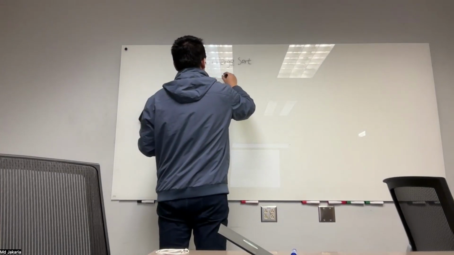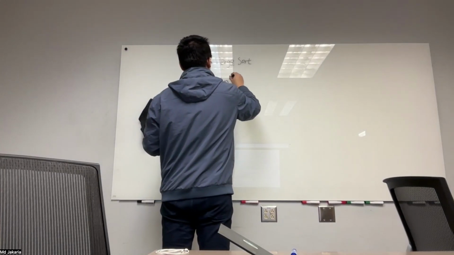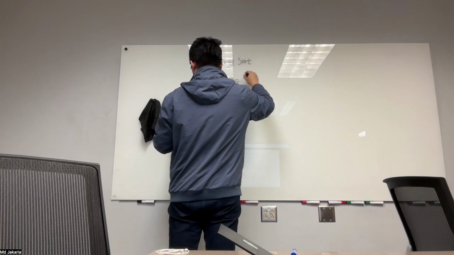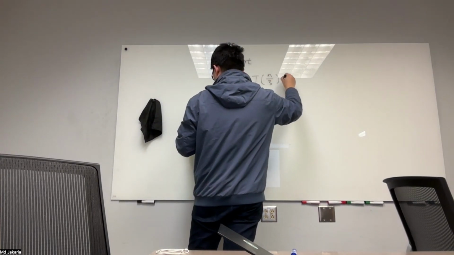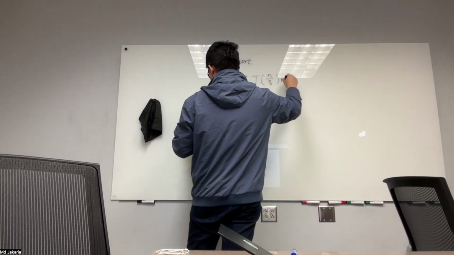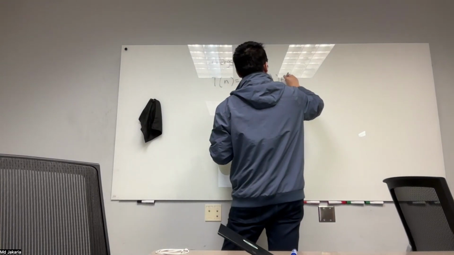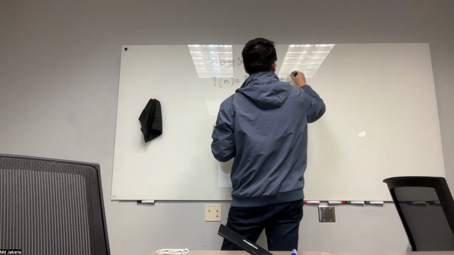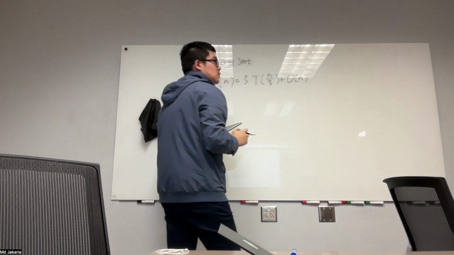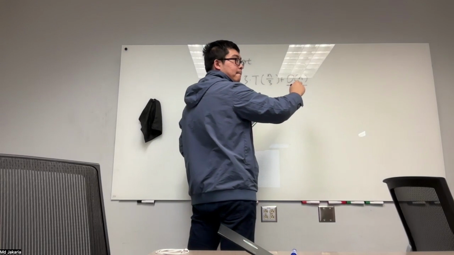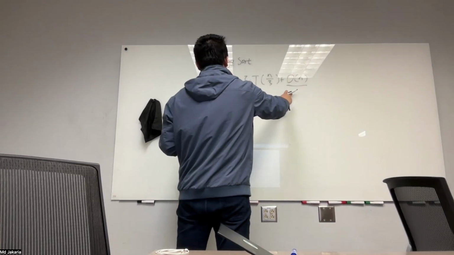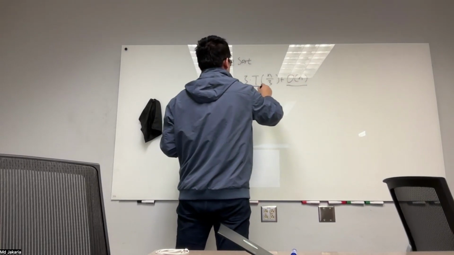The recurrence becomes T of n equals 3 times T of n over 3 plus O of n. This part is the merge part, and this is the recursion.